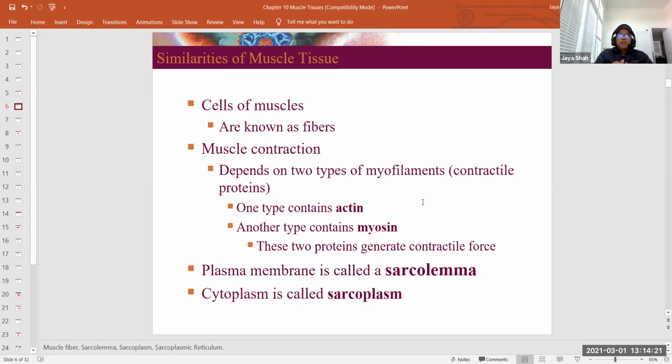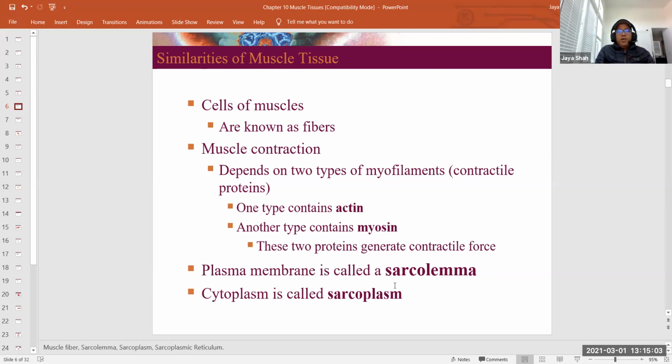Myofibrils fill up the muscle cells, and myofibrils are made up of two myofilaments, which are called contractile proteins. One type contains actin protein, another type contains myosin protein. These two proteins slide with each other during muscle contraction and generate contractile force, which decreases the length of the muscle during contraction, and when it relaxes, it comes back to normal.